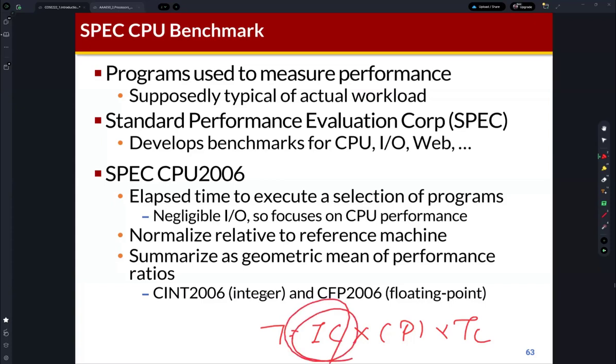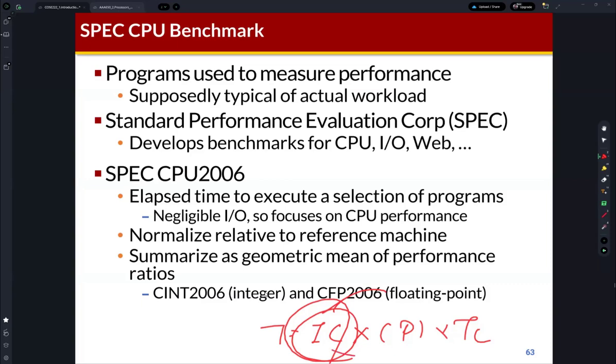But this part, instruction count, is influenced by software. Which means if we use different software, then this number is changed. So what is required? We require the same, standardized application. Using the same application, we need to compare the performance of different systems.